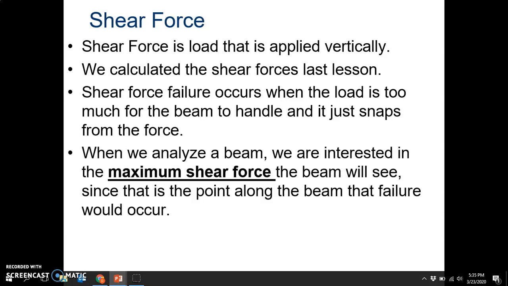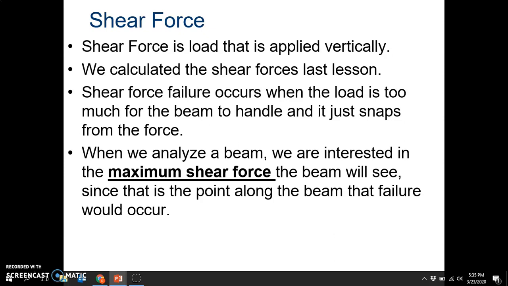When we analyze a beam, and this is a pretty important bullet right here, we are interested in the maximum shear force the beam will see, since if the beam did fail from shear, it would occur where the shear force is maximized.